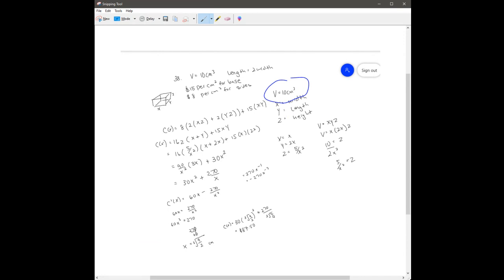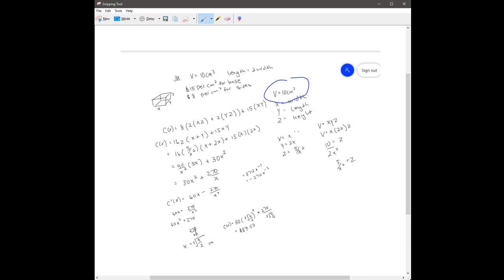The length is 2 times the width, so y equals 2x, and we find z by using the volume. V equals xyz. I plugged in y, which is 2x, and to solve for z, I divide the volume by 2x squared. So z is 5 over x squared.